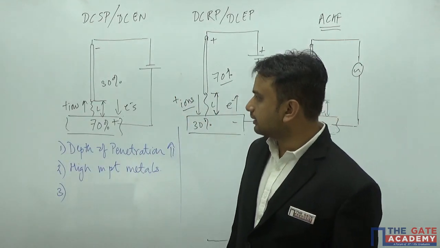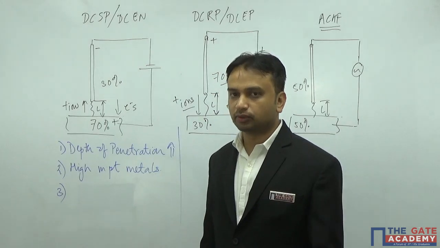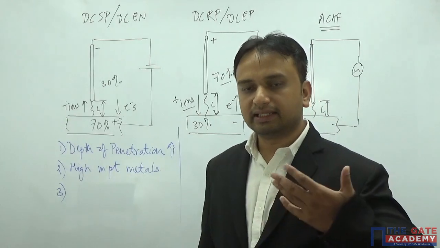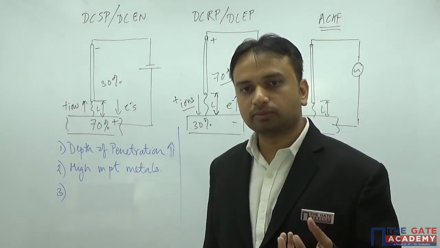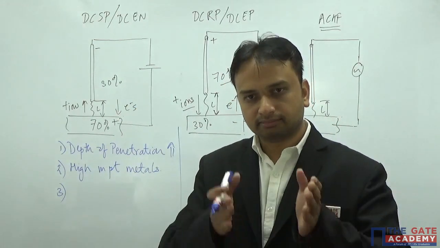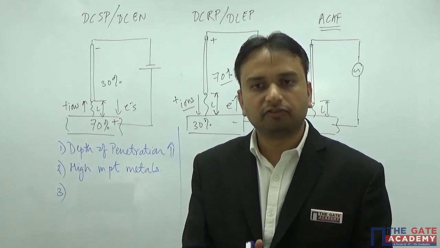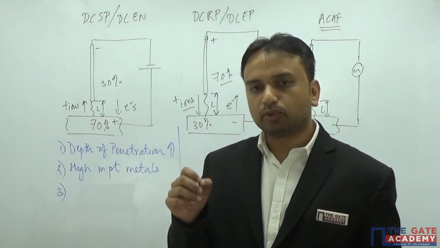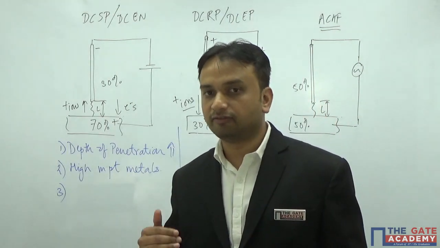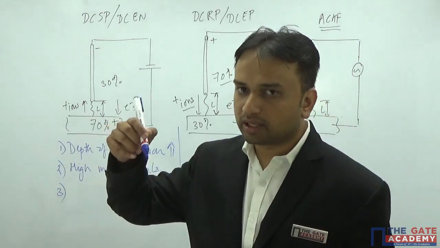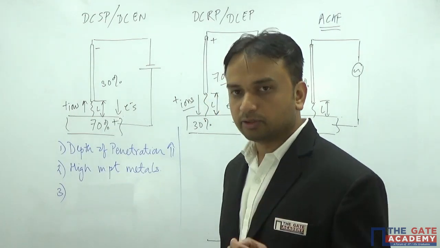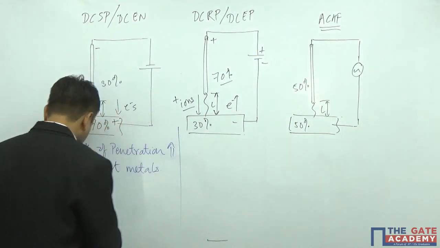Because only 30% of heat is evolved on the electrode, say the electrode is a consumable one, the electrode will be consumed very slowly, right? Suppose there is a gap, a volume that you need to fill up, and this electrode is melting very slowly. Then you have to stay there for a longer time, and that is why the welding velocity, the rate at which you can proceed further, is going to decrease. So you will get lesser welding velocity.